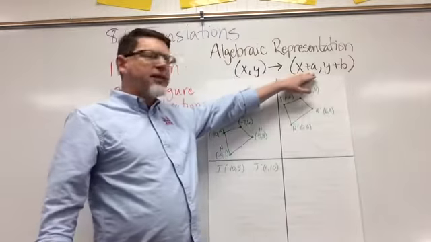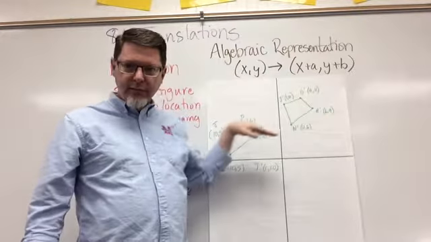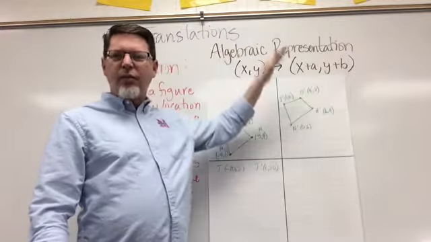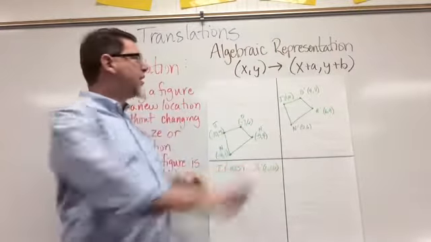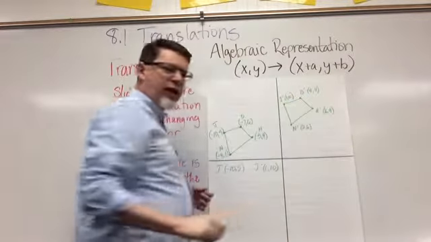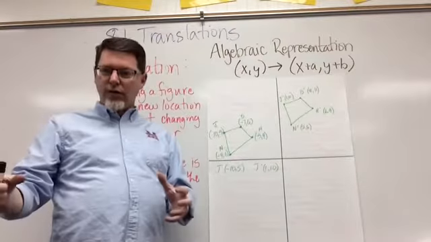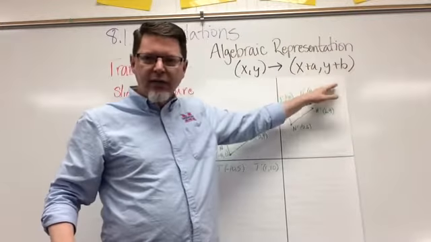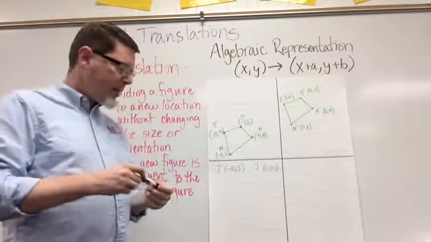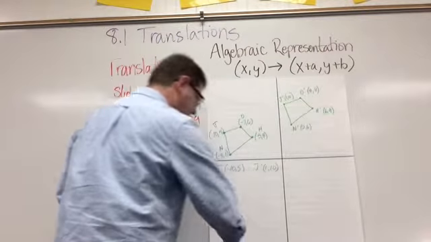Because I have to add something to x's to move left or right. I might be subtracting. I have to add something to y to move up or down. That's why we have adding to x and adding to y to see where we're going. Now again, it might be adding a negative number, or we might be subtracting, but subtracting is the same thing as addition, okay? So let's figure out.